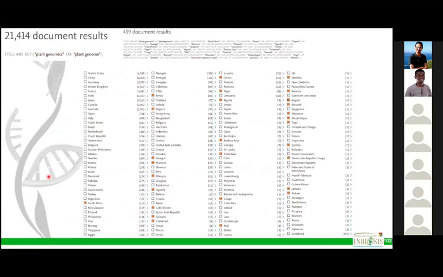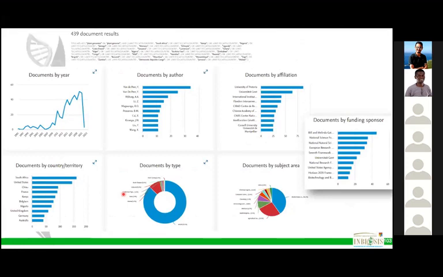So when I searched for documents related to plant genomics and plant genome, there were around 21,000 documents. Among them, 439 belong to African countries, and the most is from South Africa, leading. Then is Kenya, and the author with the most is this one, Dipier, with different formatting of naming.